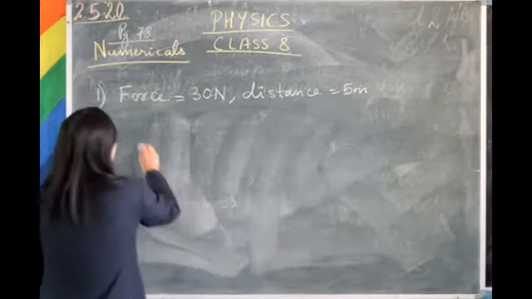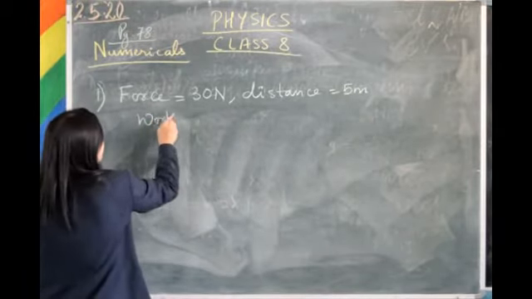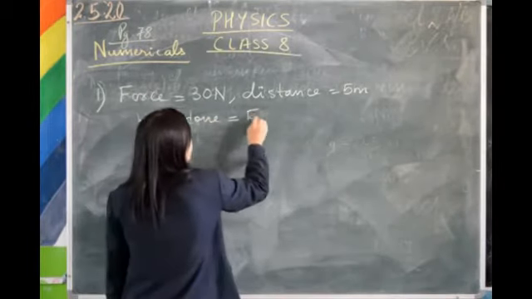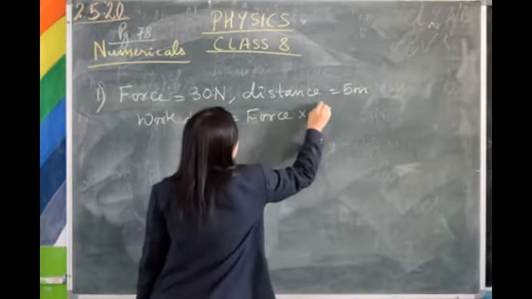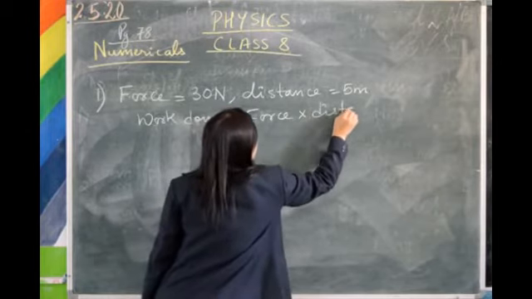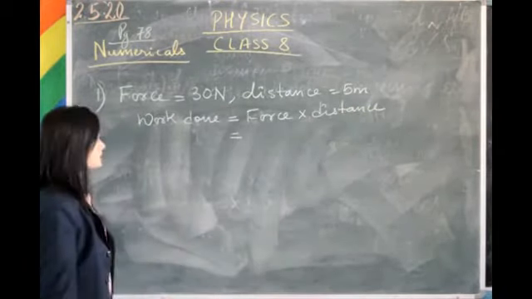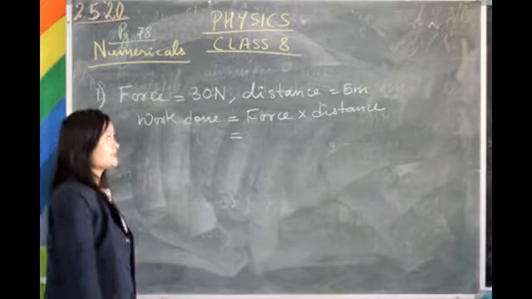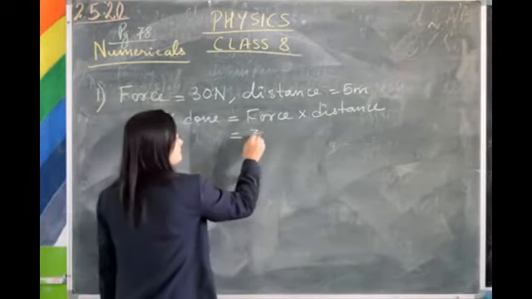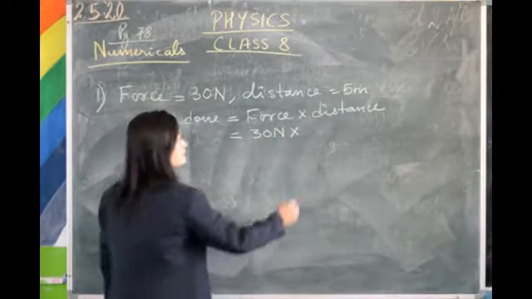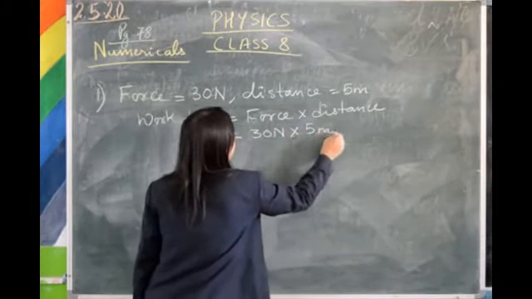You have to calculate the work done. So what's the formula for work done? Force into distance. Okay, the formula for the work done is force into distance. So how much is your force given? 30 Newton. And how much is the distance given? 5 meters.